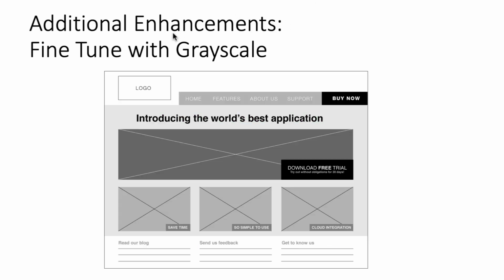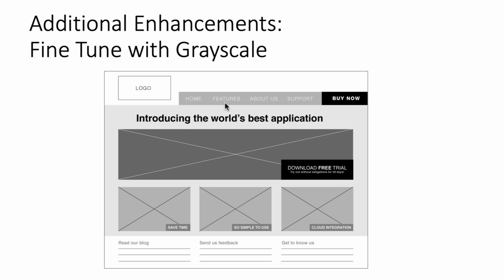Finally, what we do here is we can do some additional enhancements and fine-tuning with grayscale. You'll see we kind of made this area stand out a little bit by providing, it almost feels like this area is now a block. Even though they're 2 separate sections, we've kind of grouped these 2 areas together by applying this light grayscale background, but we haven't yet put in our full color scheme.